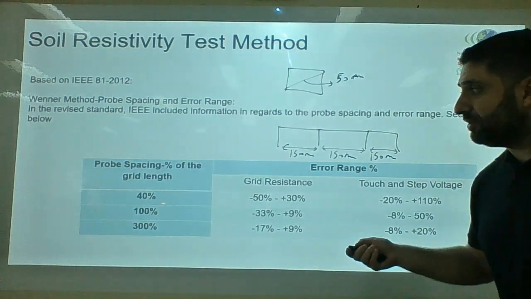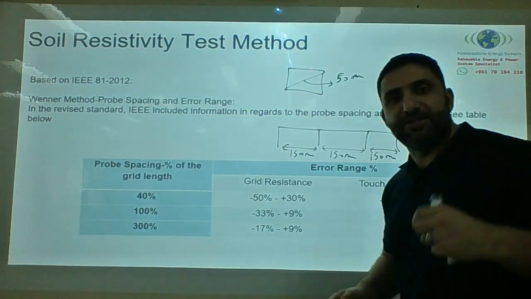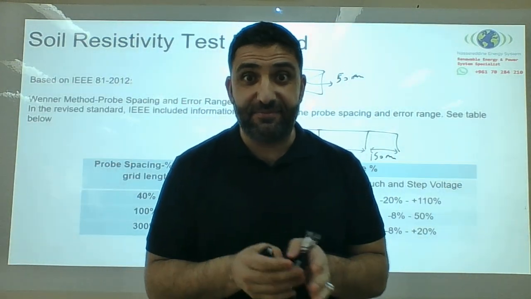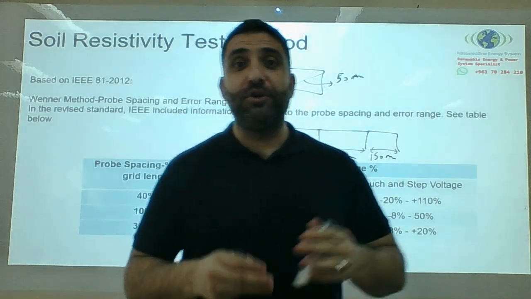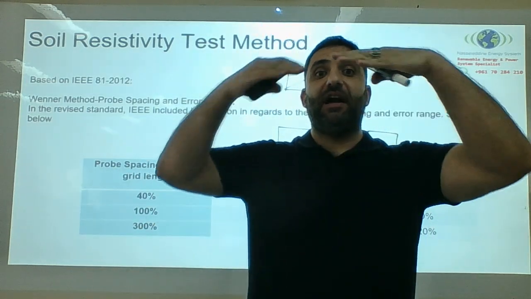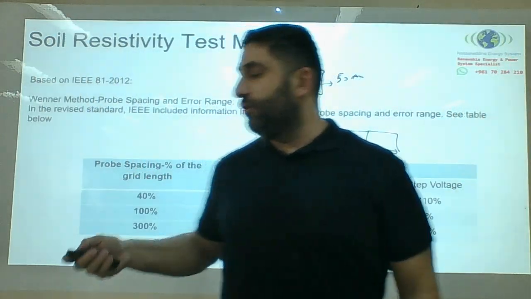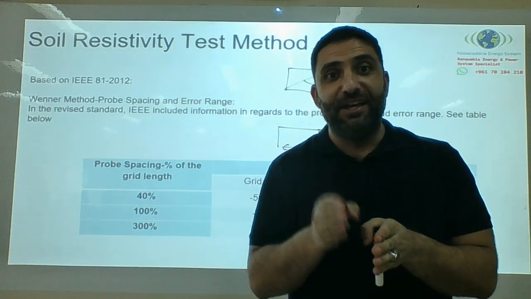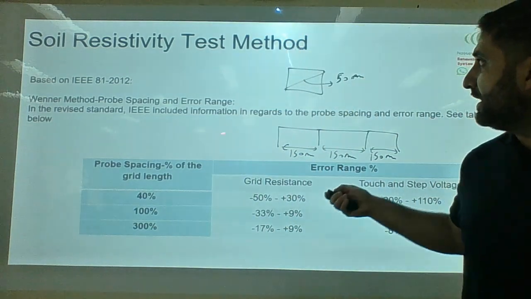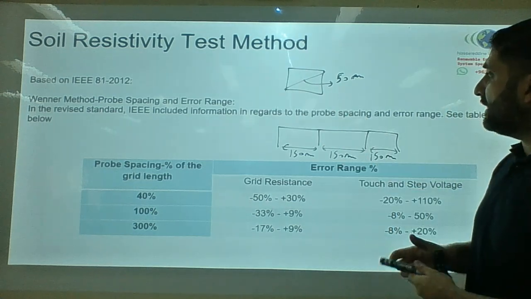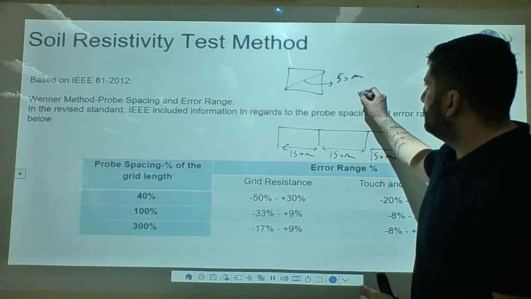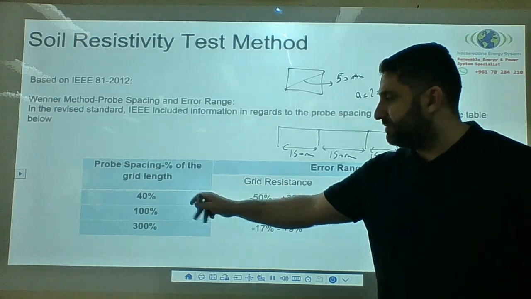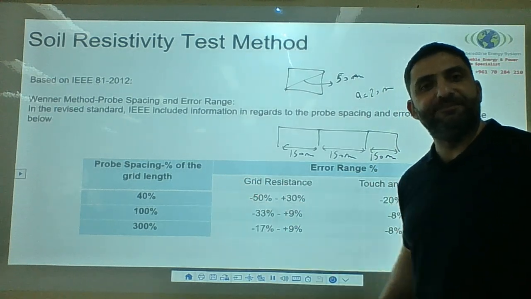So if you're a project manager and your consultant or engineer in an open area gave you an earthing system with a soil resistivity test where they did an A of 20 meters, you can tell them, guys, there will be high error.